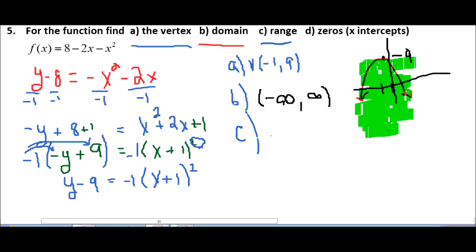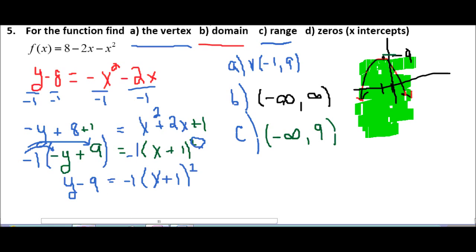So following it from low to high, it starts at negative infinity and at its highest point, it goes to 9. That's not a negative 9, I erased my graph there. So the range is low to high: negative infinity to 9.